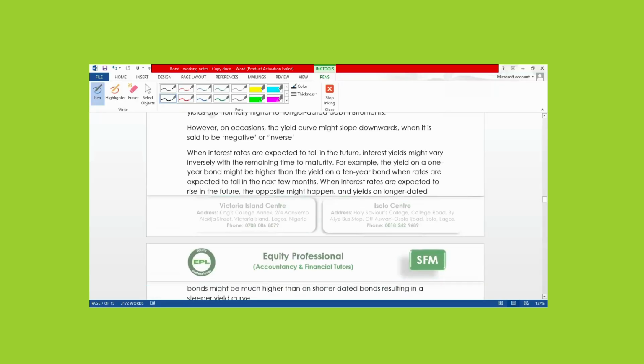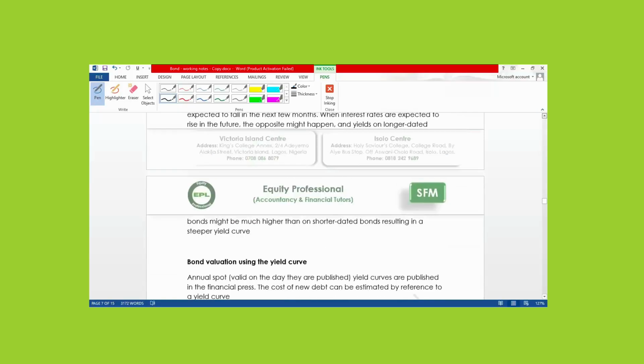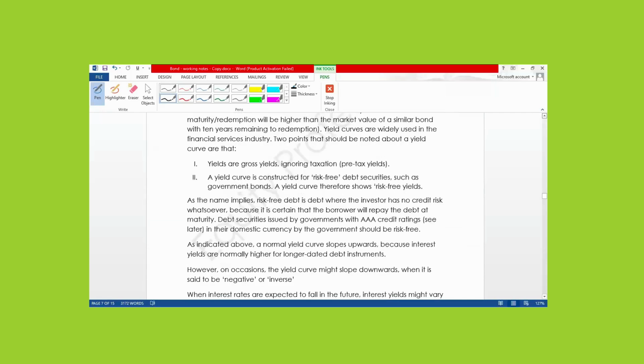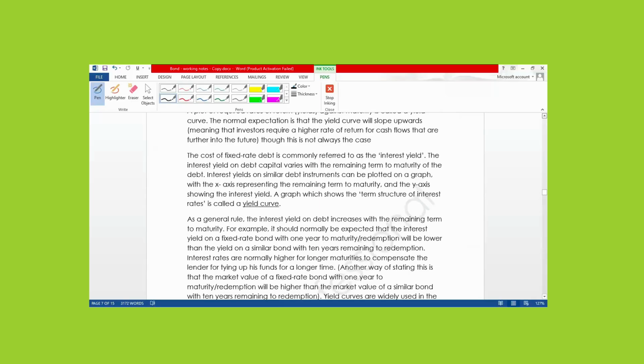We have the government spot yield curve. The government spot yield curve shows the relationship between the interest rate payable on government bonds and the maturity period of the government bond.